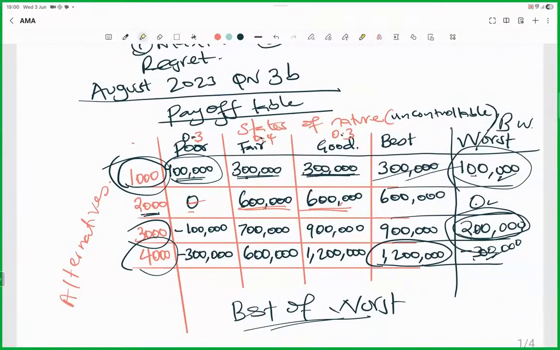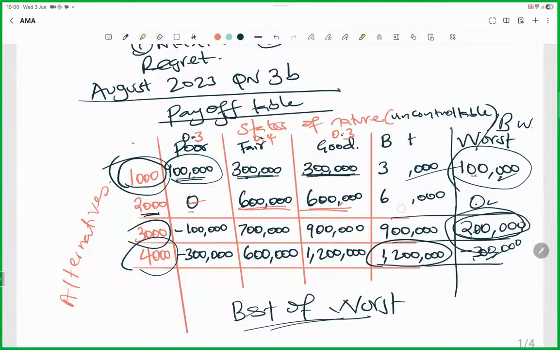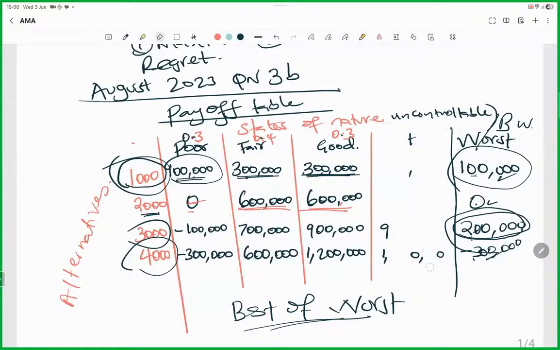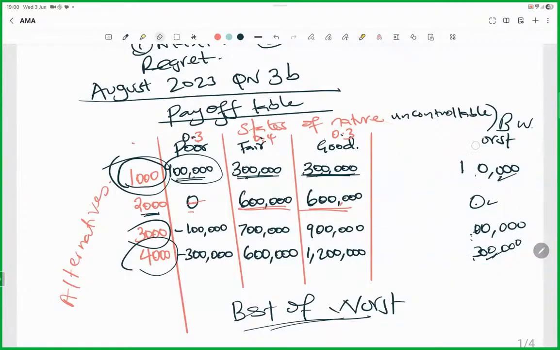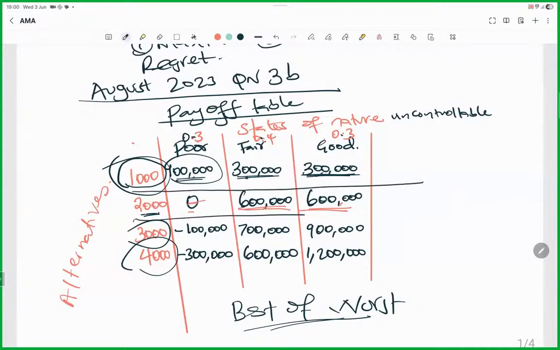So this original table, we don't have these columns. These are for maximax and maximin. So what we have, my friends, are these four rows.